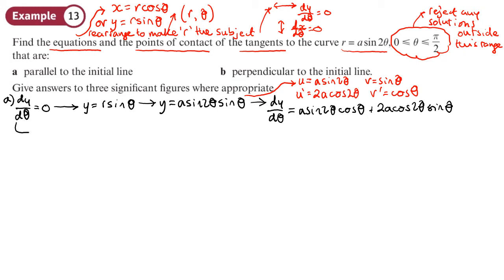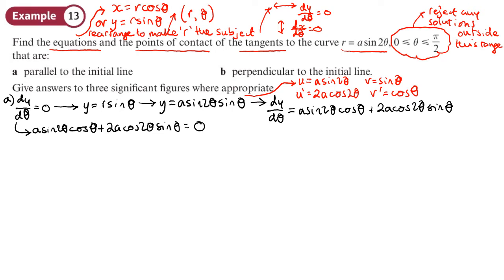The next step is to set that equal to 0. So we'll have a sine 2θ cos θ plus 2a cos 2θ sine θ equals 0, and it's about solving this.